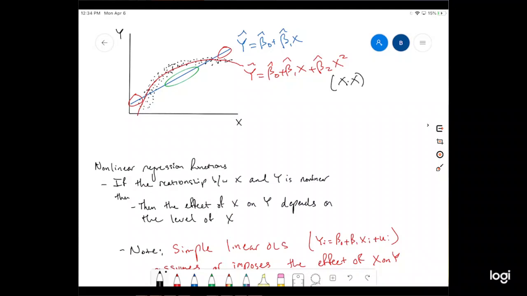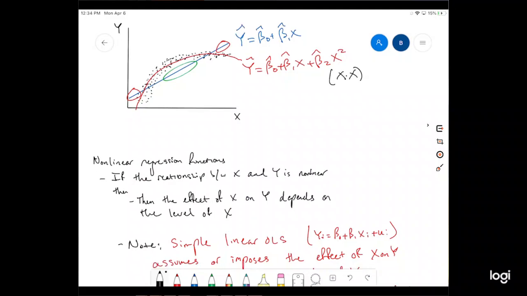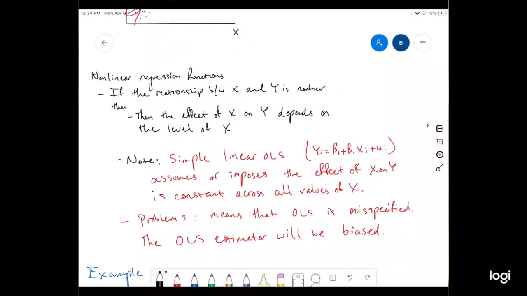And that means the effect of a change in x is the same regardless of our level of x, but clearly that's not the case with the data, so we have to allow our model to be flexible enough to allow the effect of x to change depending on the level of x. The problem is that OLS is then misspecified, and that of course leads to a biased estimate of our beta 1 coefficient.